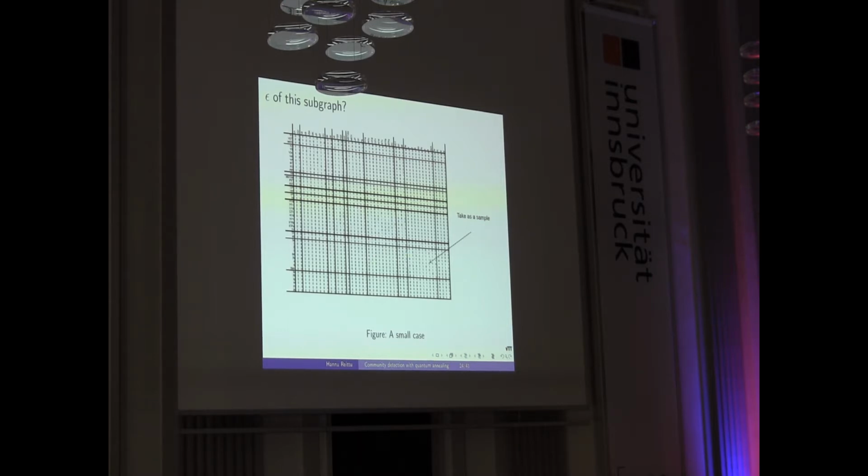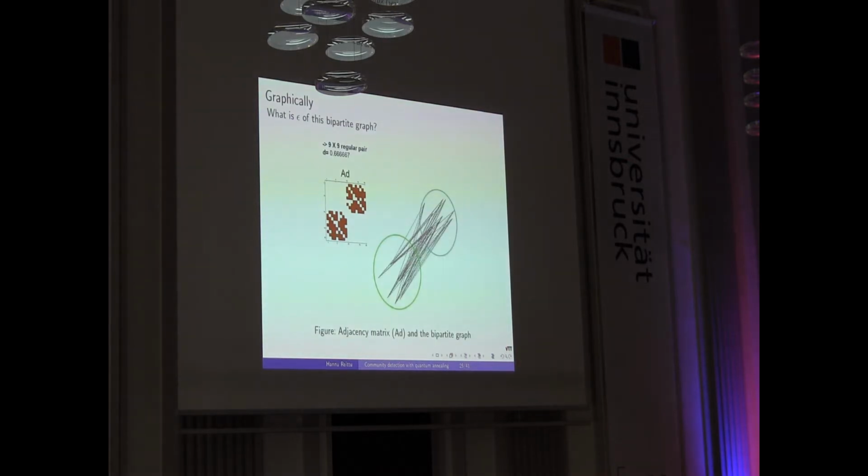And I just took one regular pair that is described by this matrix. And there are only 18 nodes in this graph, just to test. And in this case, you can, of course, make a complete search and find the exact solution.